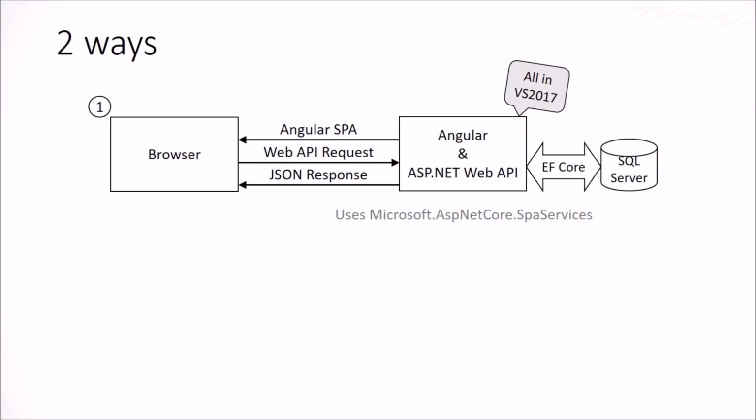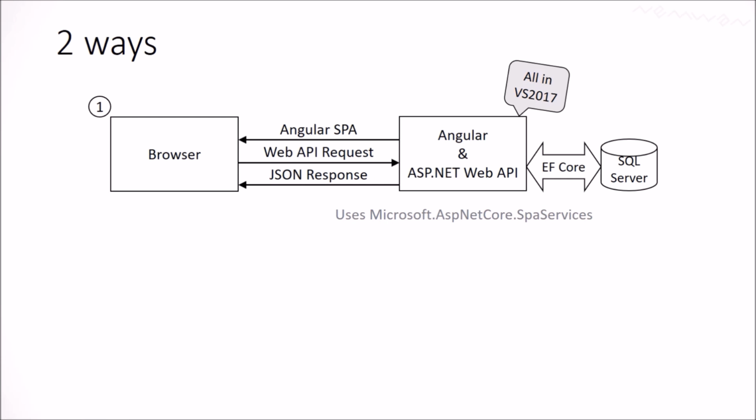So we're going to do this two ways. First, I'm going to use the project that's created by Visual Studio, which has Angular and ASP.NET Web API all in one project. And when we use that, Angular gets delivered to the browser as a single page application.